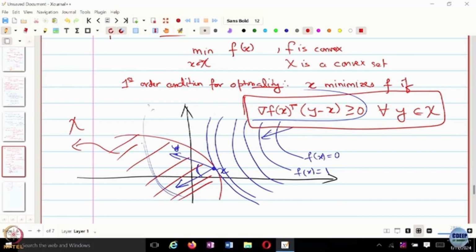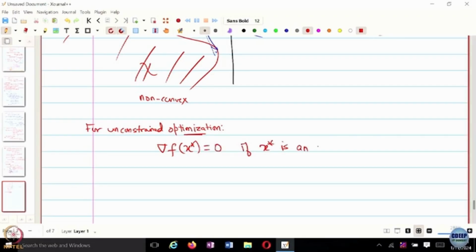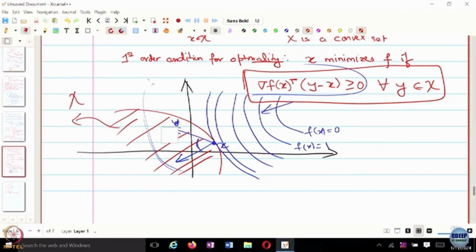So for unconstrained optimization, the first order condition for optimality is that the gradient vanishes. Is this clear? That's precisely because the point will be a strictly interior point in this set, since x is the whole of R^n.